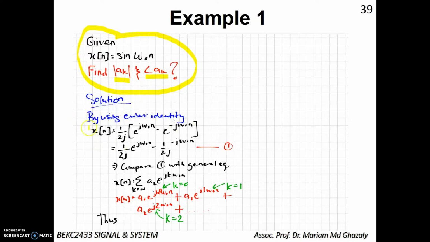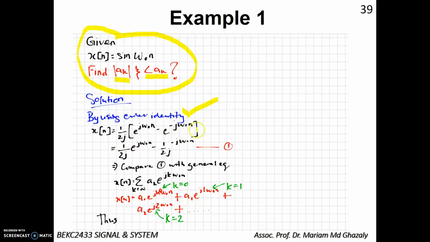Okay, so the solution to answer this is by using the Euler identity, this one. So just substitute the Euler identity for sine omega n. As you remember just now, I mentioned changing the signal sine omega n to the Euler identity. So sine omega n is given by 1 over 2j bracket e^{j omega n} minus e^{minus j omega n}.